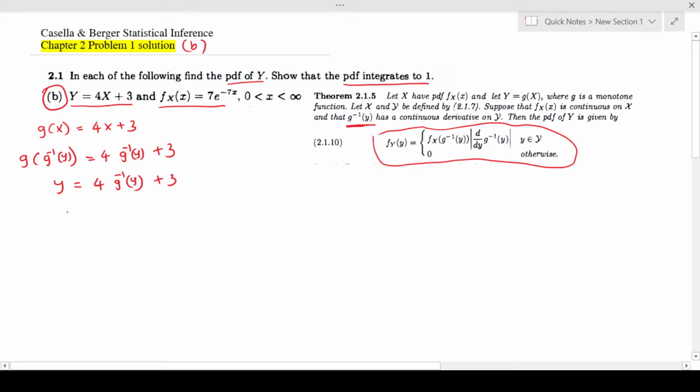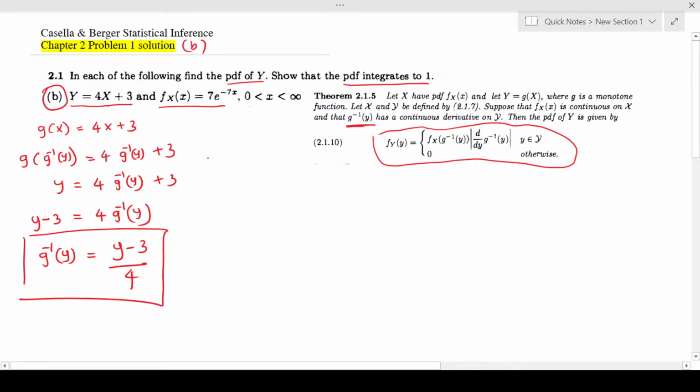You subtract 3 from both sides, and this becomes y minus 3 equals 4 times g inverse of y. So g inverse of y becomes (y minus 3) over 4. Now we have that.